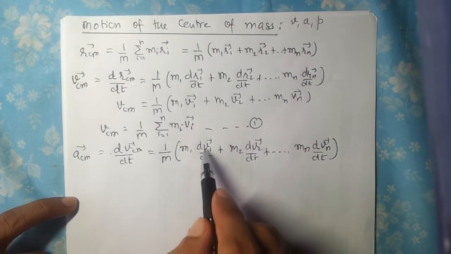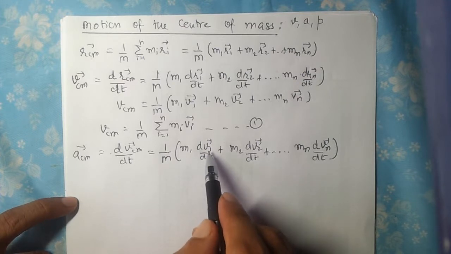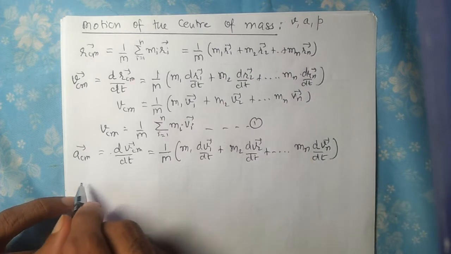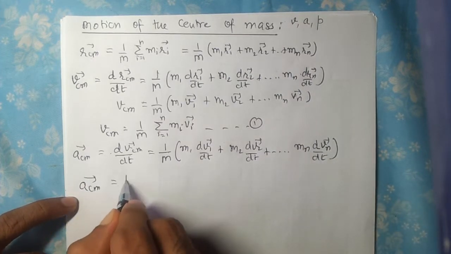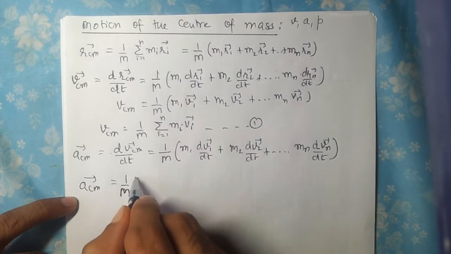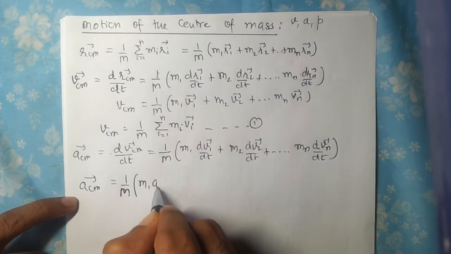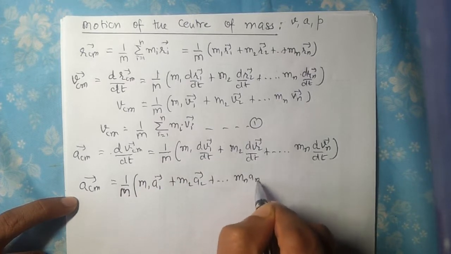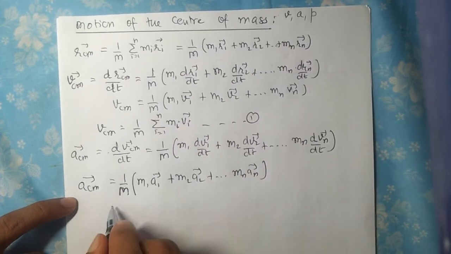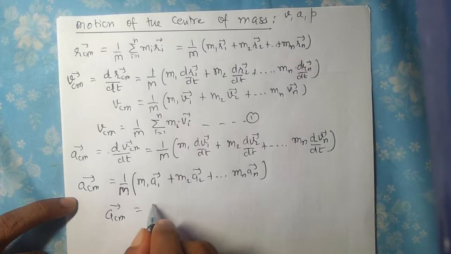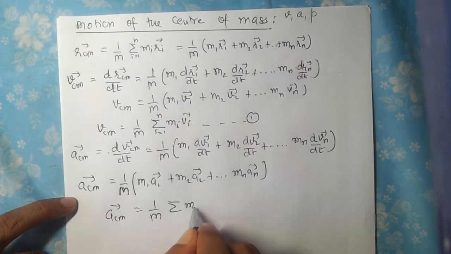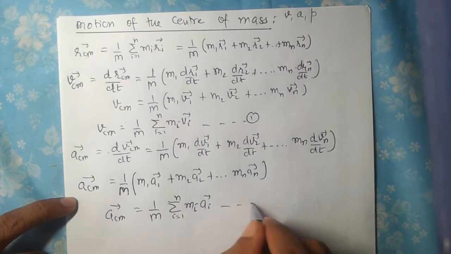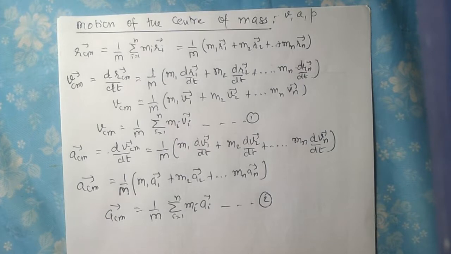And we know that dv1 by dt is the acceleration of particle number 1, this is acceleration of particle 2 and acceleration of particle n. So acm can now be represented as 1 upon M, this is the total mass of the system, (m1 a1 plus m2 a2 plus mn an). Right? And this can be written as acm is equal to 1 upon M sigma mi ai, i is equal to 1 to n. So this is equation number 2. This gives me the value of acceleration of the center of mass.